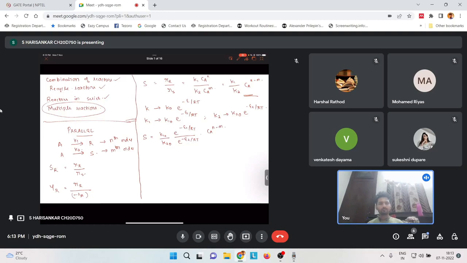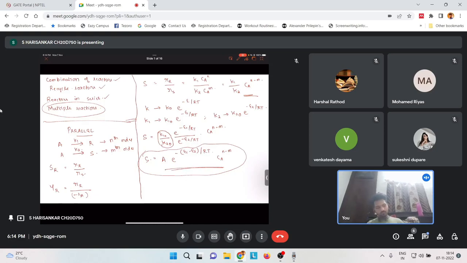And we can simplify this. Just take the denominator exponential to the numerator. So let us take this constant as, let's say, A. So A into e raised to minus of (E1 minus E2) by RT, Ca raised to n minus m. So this will be the equation for selectivity of one product from a parallel reaction, right?